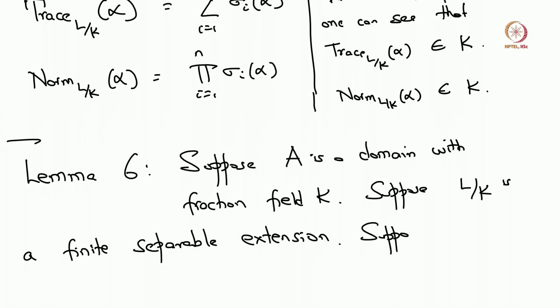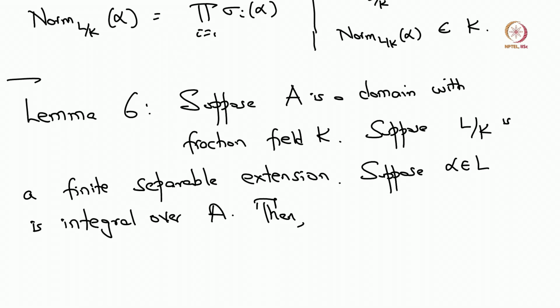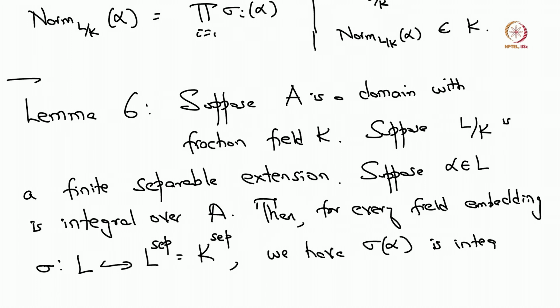Suppose you have an element alpha in L that is integral over A. Then for every field embedding from L to its separable closure, which turns out to be the separable closure of K as well, what we have is that sigma of alpha is integral over A. So if you start with an integral element, its conjugate is also integral.